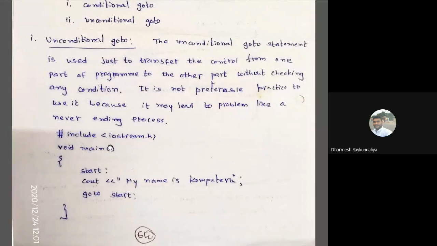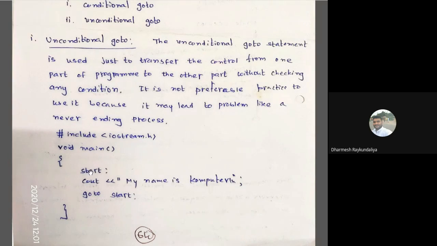Suppose you are writing this program. Start is nothing but a label, and after the label you have a colon. Then you give cout my name is computer, and after this your control will come to that goto start. So as soon as you have given the goto start, your control will transfer from this segment to this segment.